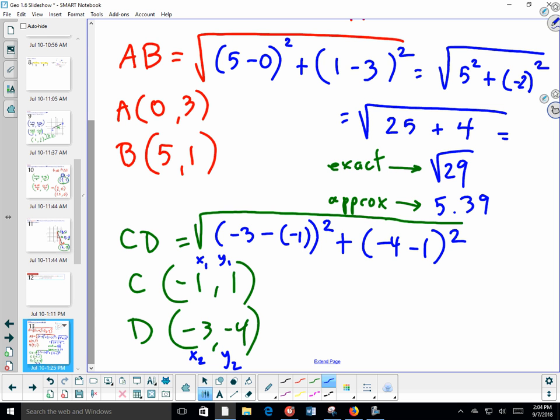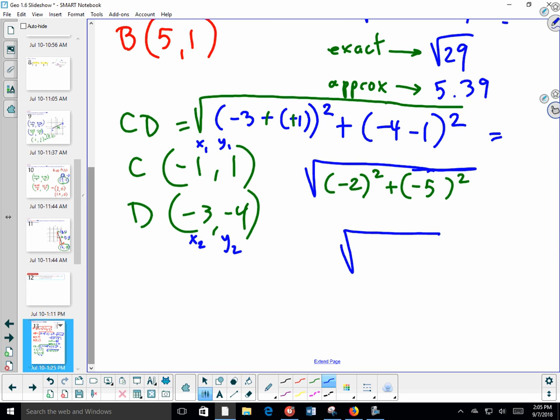Yes. Okay, and so if we're simplifying this, we end up getting the square root of, minus a negative is plus a positive here, so this is going to be negative 2 squared, does that look right? Yes. Plus negative 5 squared. And so it looks like we're getting 4 plus 25.